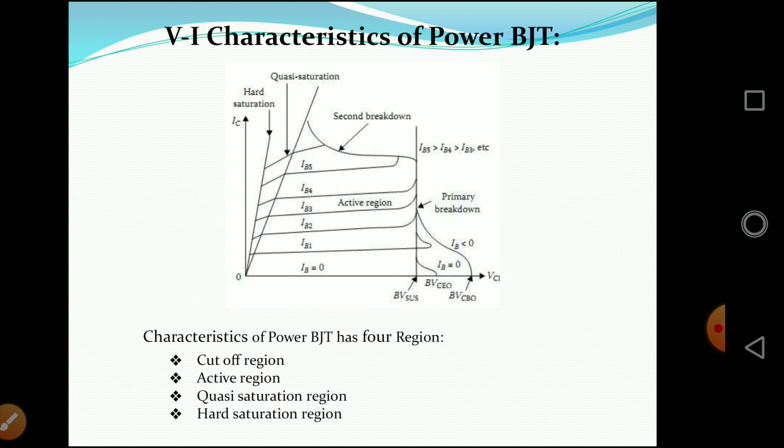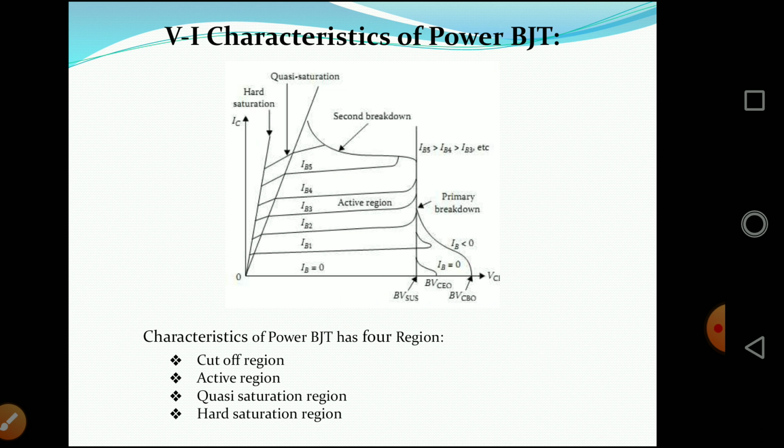Cutoff region, that is, both the junctions are reverse biased, so the power BJT will be off. Second, the active region, that is, the input junction is forward and the output junction is reverse. In that condition, it is used for amplifier applications. And next is saturation. The saturation region gets divided again into quasi saturation region and hard saturation region.